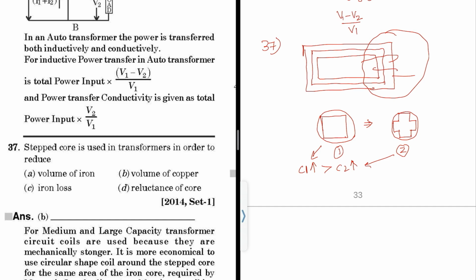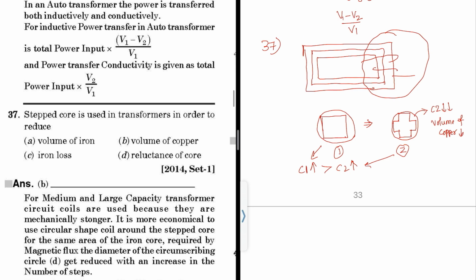If the circumference is more, the winding required is more, right? So by using the stepped core, the circumference will be less, and the volume of copper required will be less. So the option will be B.